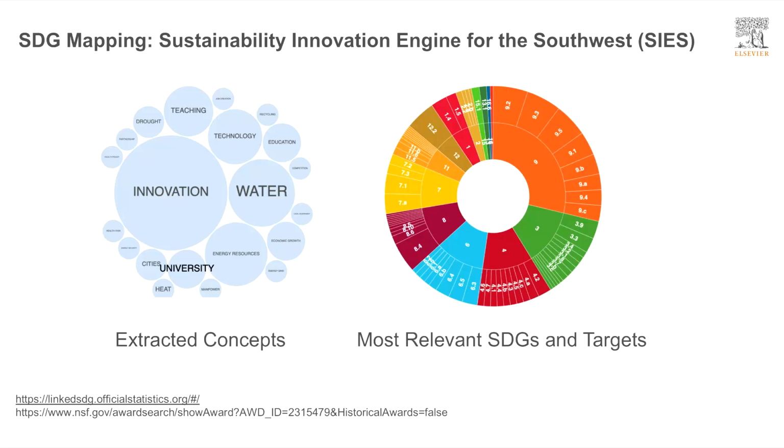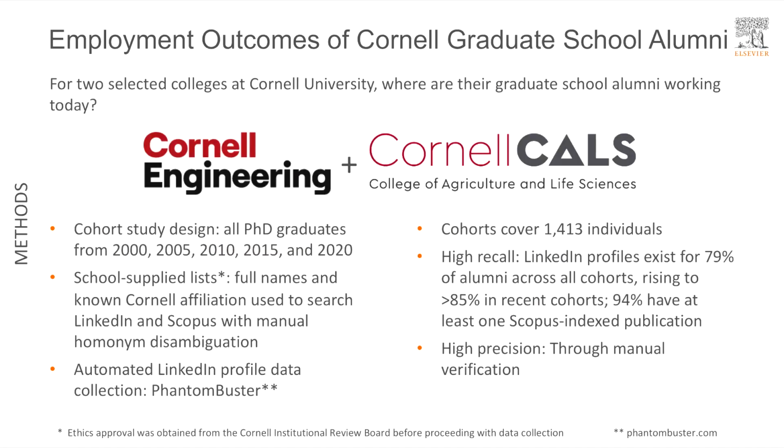And you see again that in orange, number 9, industry, innovation, infrastructure is a big theme. But in light blue as well, clean water and sanitation, SDG 6, is another area that's going to be developed in this context.